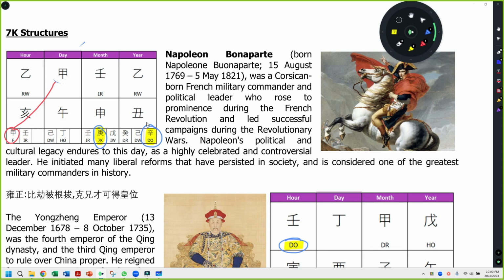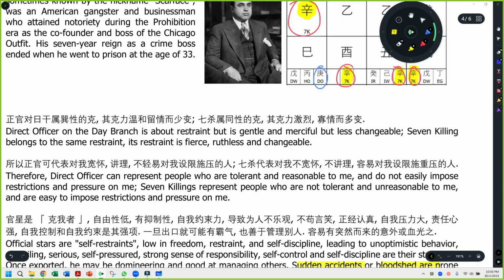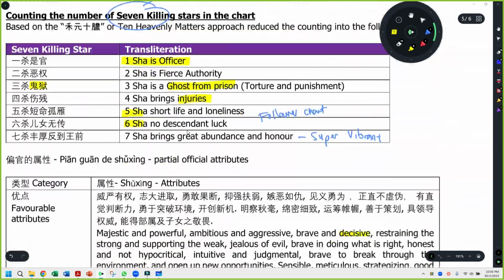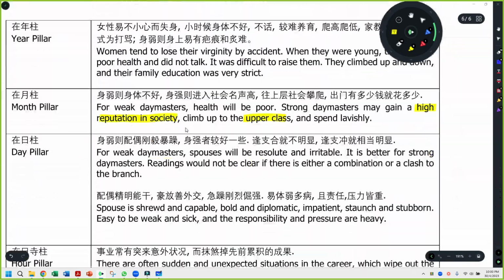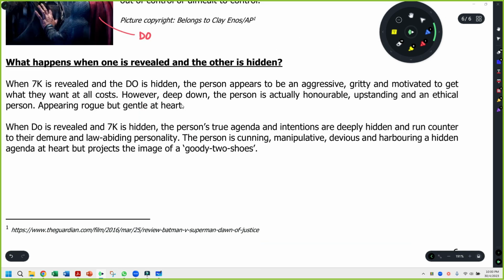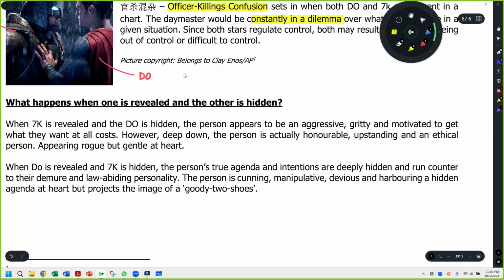Okay, so how do we interpret this chart now? How do we look into what happens here? How do we read this chart? Very simple. When 7K is reviewed and officer is hidden, 7K is what people see.